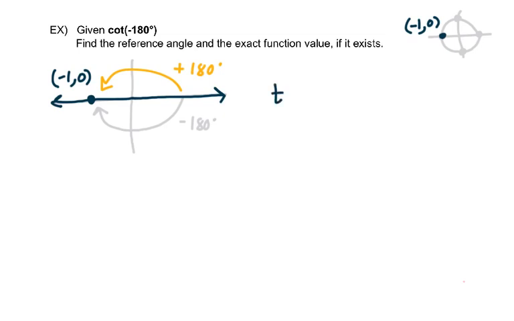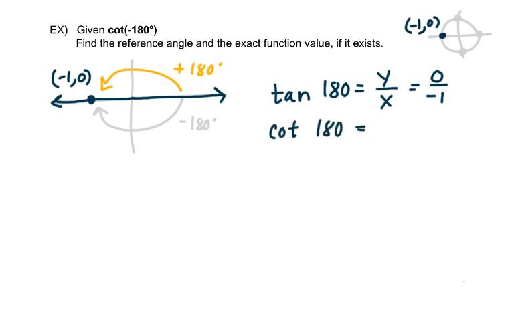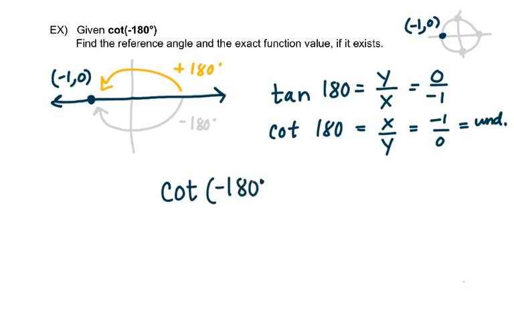So tangent of 180 is y over x. Tangent of 180 is 0 over -1. Cotangent for 180 is x over y. So that's -1 over 0, which is undefined. We can say then that cotangent of -180 degrees is undefined.